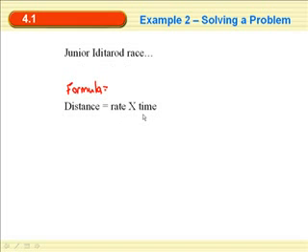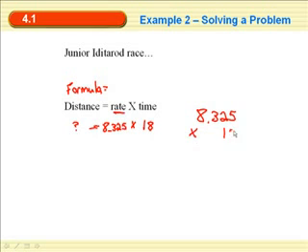So they traveled for 18 hours, okay, at a rate, their rate was their speed, their average was 8.325. So we want to know how far they traveled. We want to know their distance. So we're going to take 8.325 times 18.